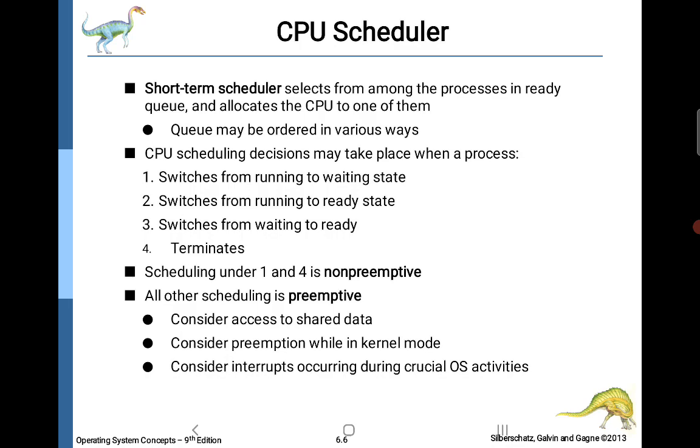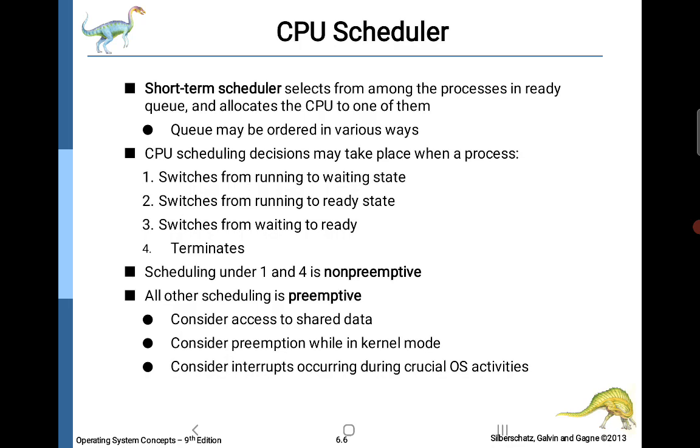Or if a process is running and another process became ready, the new process can force the old process out of the CPU. These are for sure preemptive cases. With preemptive scheduling came the problems that we discussed some of them in the past lecture.